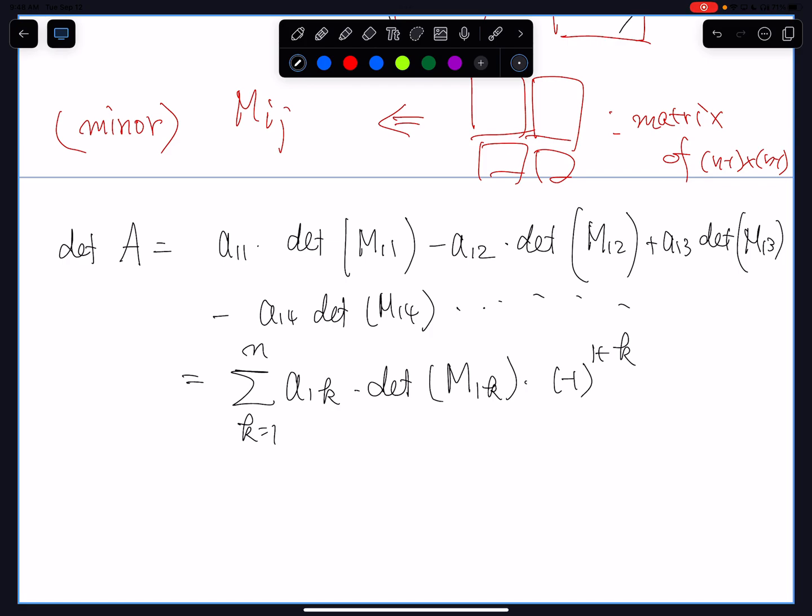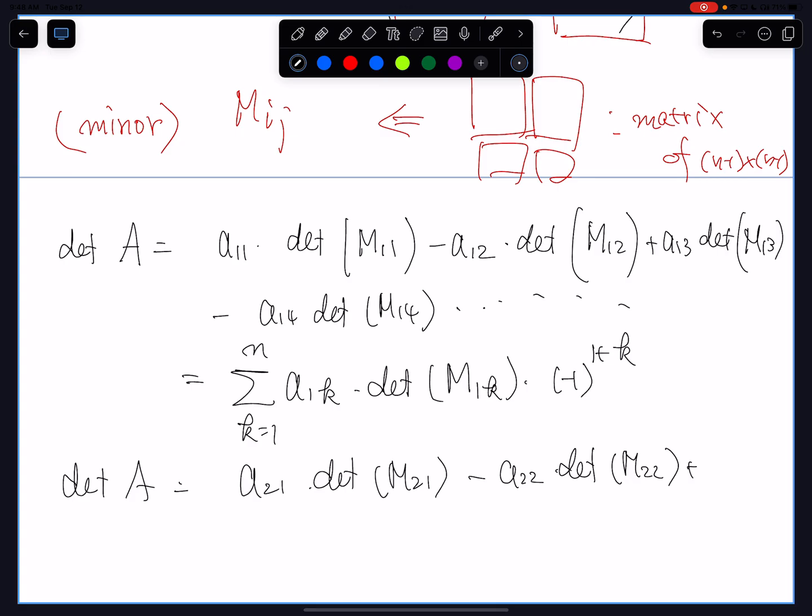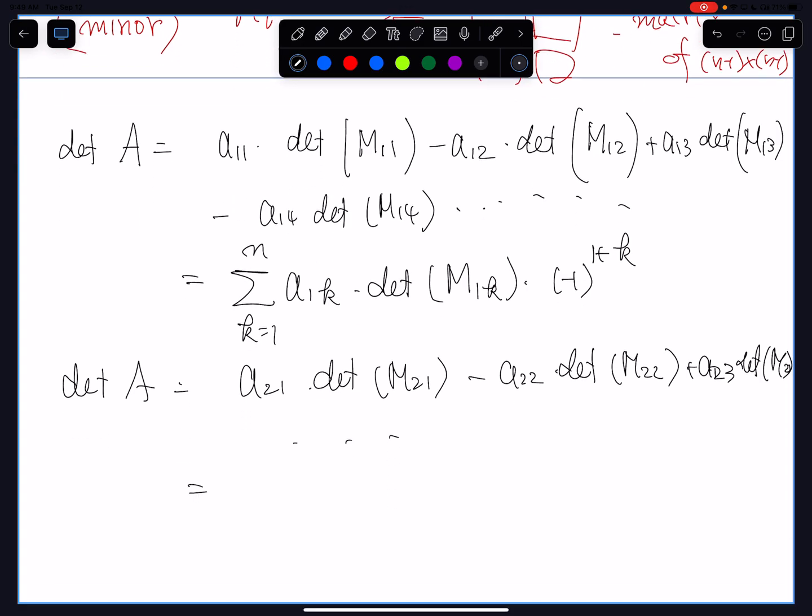But what we have just shown is that we can alternatively define the determinant as A21 times determinant M21 minus A22 determinant M22 plus A23 determinant M23 and so on. So I can use the second row to define the determinant: A2k determinant M2k times minus 1 to the 2 plus k.